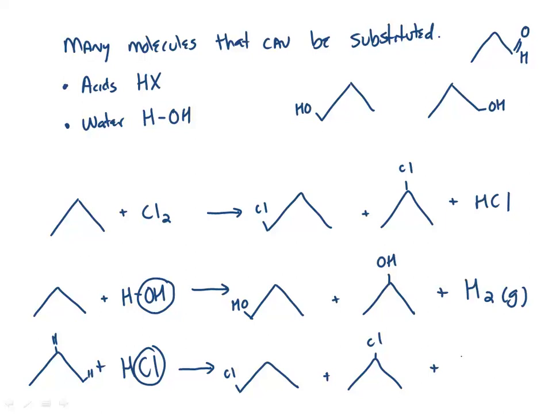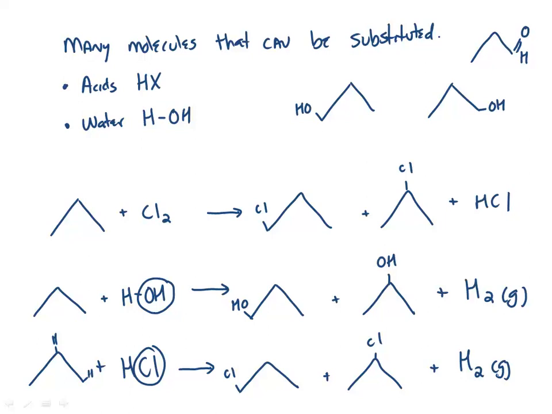Except here, I get, as one of my products, still H2 gas. And so notice that the substitution, the swapping part, is the same. We're always just going to swap a hydrogen and something on the other molecule.